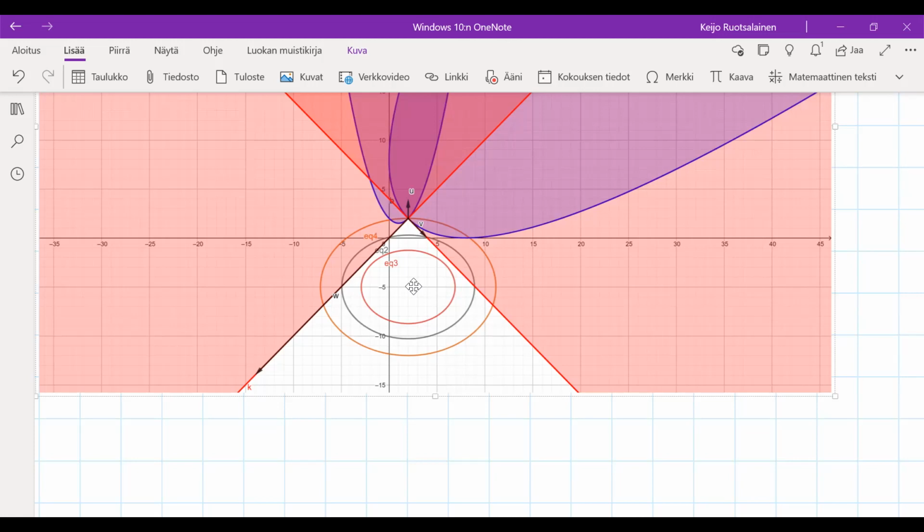So if the constant is bigger than this one here, then the ellipse is intersecting a large set. And of course, there you can go into any direction and the function values are decreasing.